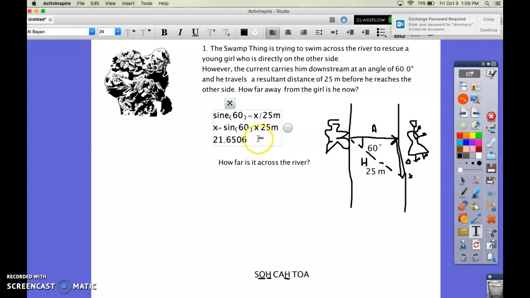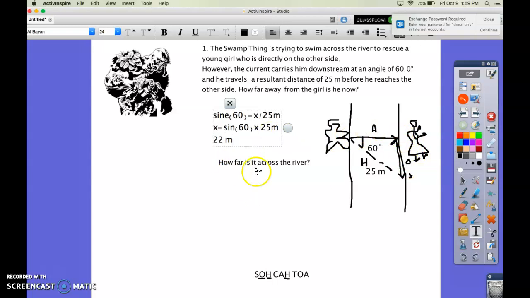Okay, now, we only need the same number of sig digs, and 60.0 had 3 sig digs, and 25 had 2, so the least number is 2. So we can round this. We've got 21.6. We could round that to 2 sig digs and make that 22, and the sine does not have a unit, it's just a ratio, so the unit would be meters. So 22 meters would be how far the opposite side is here.